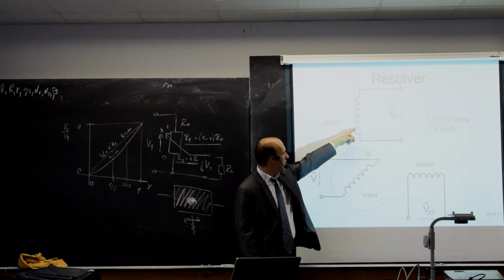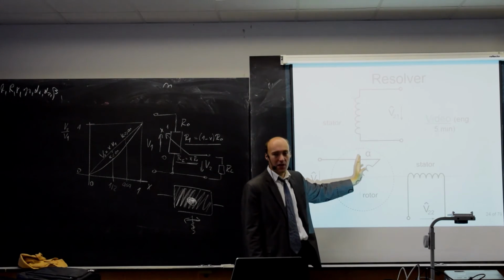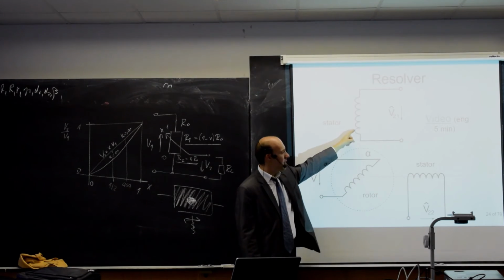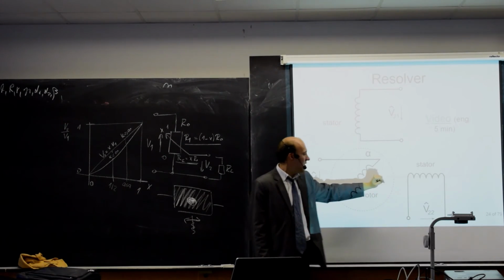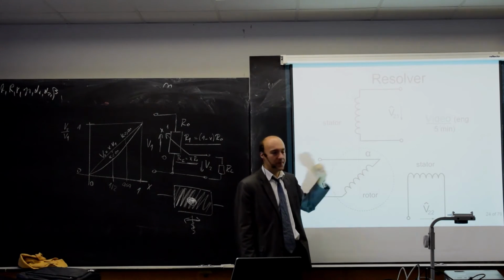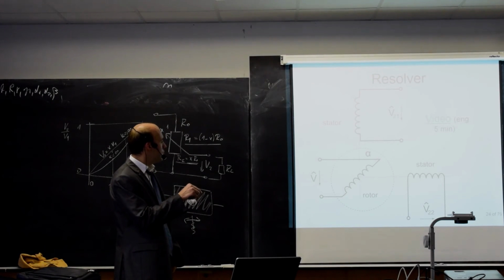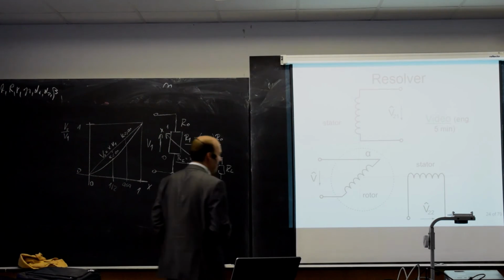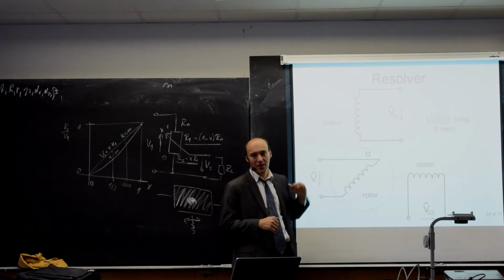If alpha would be in this direction, then I would have a direct coupling between the rotor and the stator, and the other stator winding in this position would be perpendicular to the rotor position. We will measure the output voltages from the two stator windings, here and here. And obviously, there will be a dependence between the amplitude of the voltages and the angle alpha.